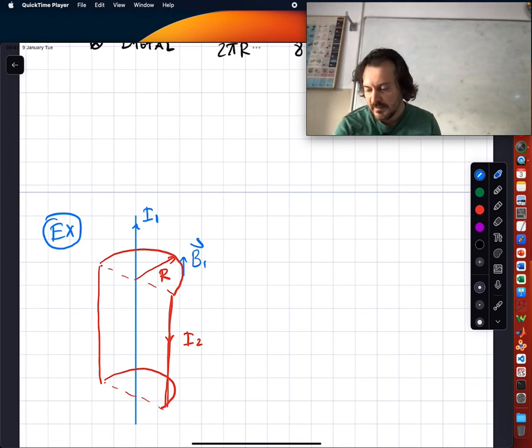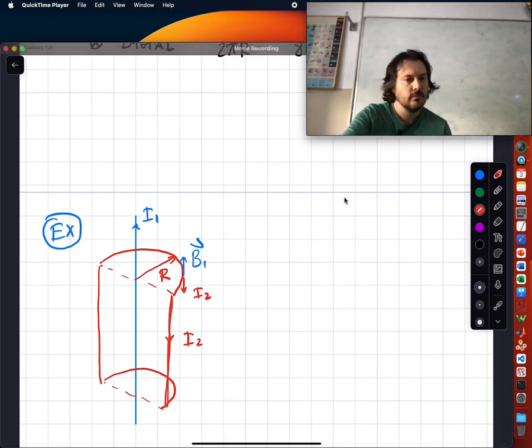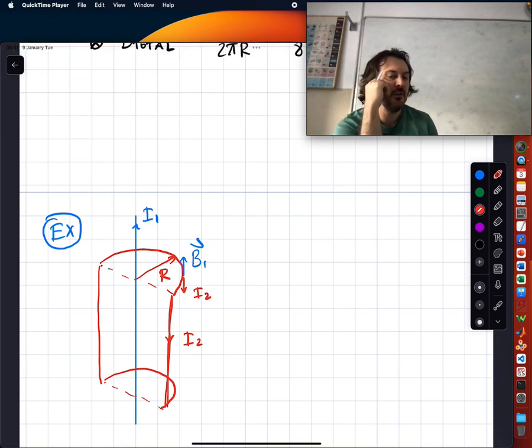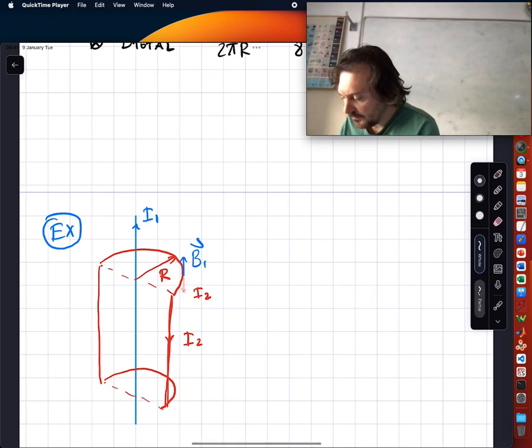But notice that that direction is opposite to I2. So what will we get from dl cross B? 0. Did you follow this?